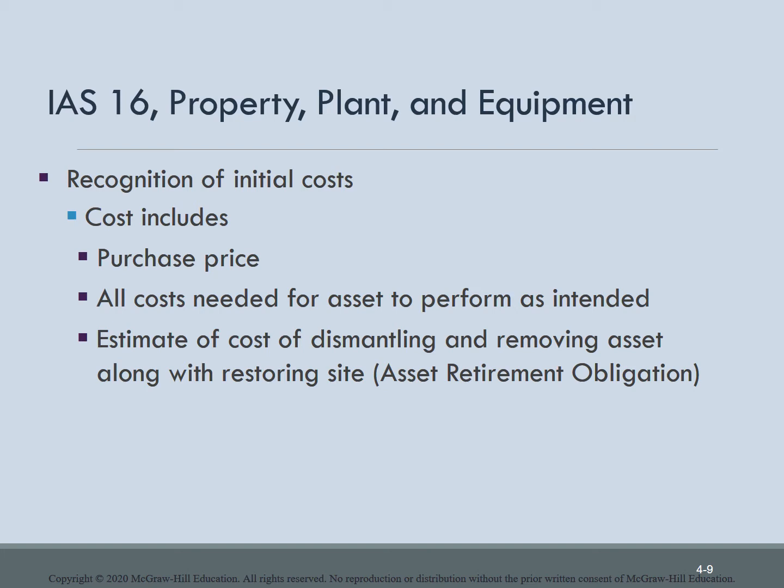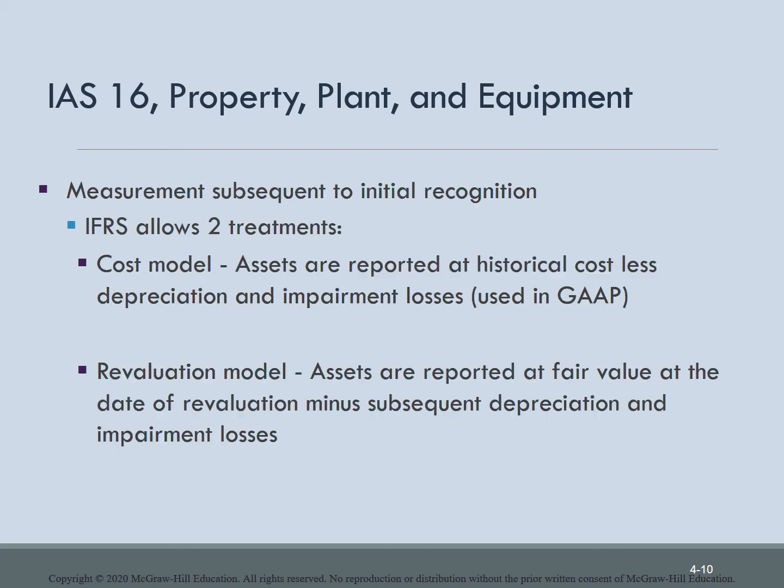And then you would also have to record an ARO, or asset retirement obligation, if it's something like an oil well that is going to ultimately have to be dismantled and the site restored. So the present value of that would also be included in the cost of the asset. So all of that is essentially the same under US GAAP and IFRS.